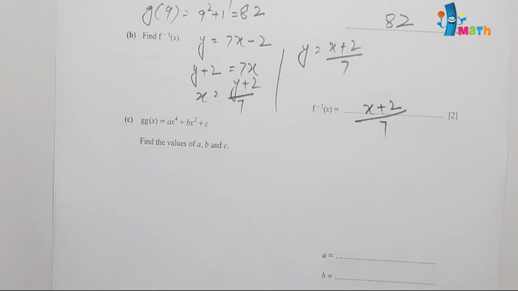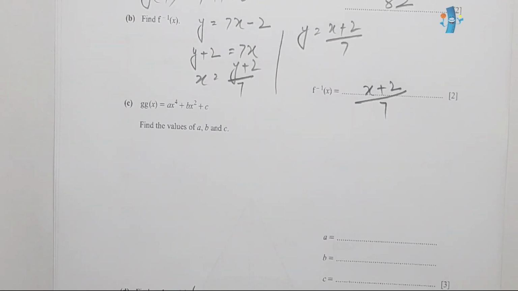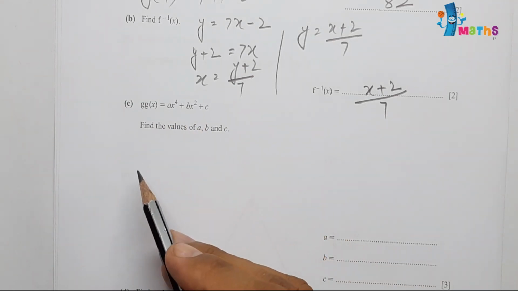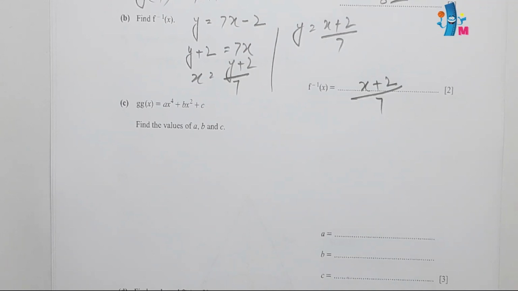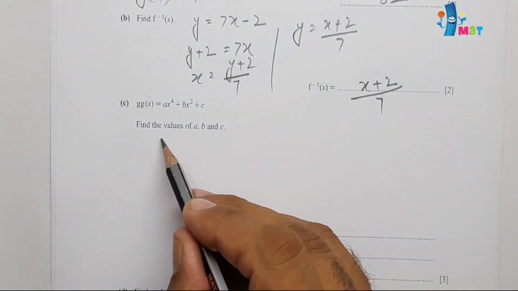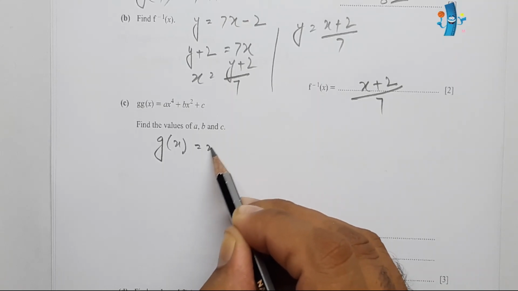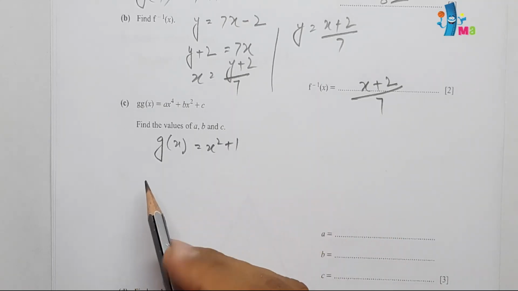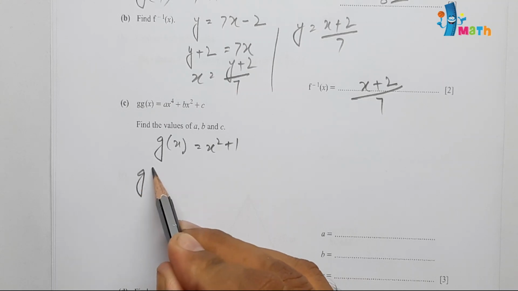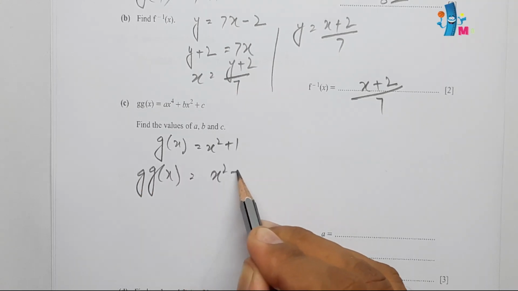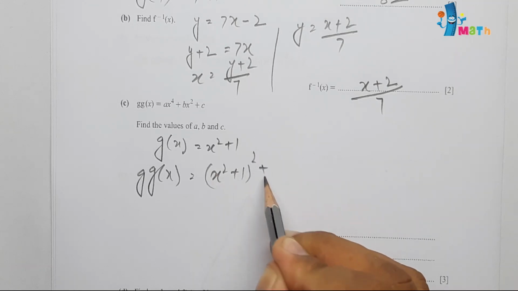Next, C part: g of x is equal to this one given. Find the values of a, b, c. So first we will find g of x. g of x is equal to x squared plus 1. Now g g of x will be equal to (x squared plus 1) whole squared plus 1.